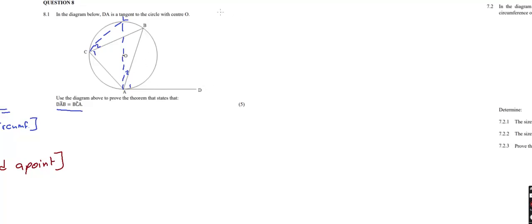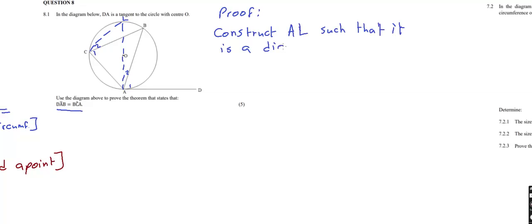The construction, what we are going to say in the construction: construct AL such that it is a diameter, then join L to C. You can add on and say label A1, A2, and C1, C2.